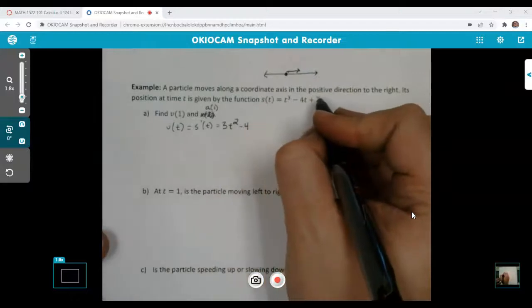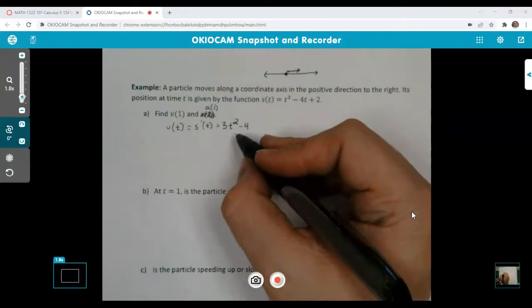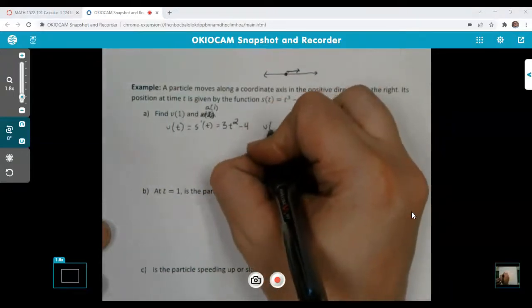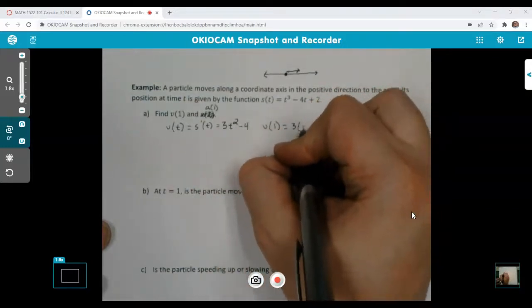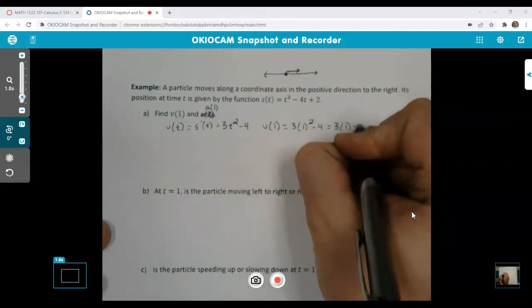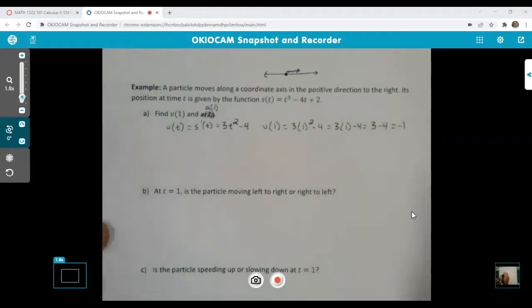Derivative of 2 is 0. So v of t is equal to 3t squared minus 4. So when it's asking for v of 1, I just plug in a 1. So 3 times 1 squared minus 4. That's 3 times 1 minus 4. 3 minus 4, which is negative 1. So v of 1 is equal to negative 1.